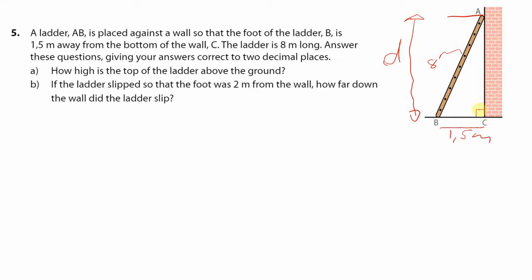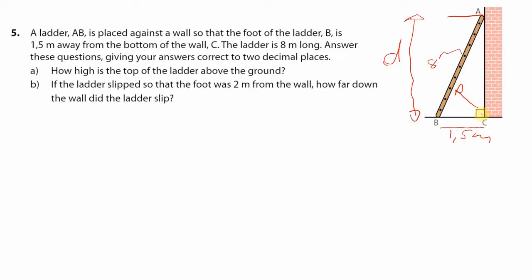So that's our clue to solve this problem, because we know we can use Pythagoras. It says in a 90-degree triangle, take the hypotenuse, that's the longest side, the one opposite the 90-degree angle.